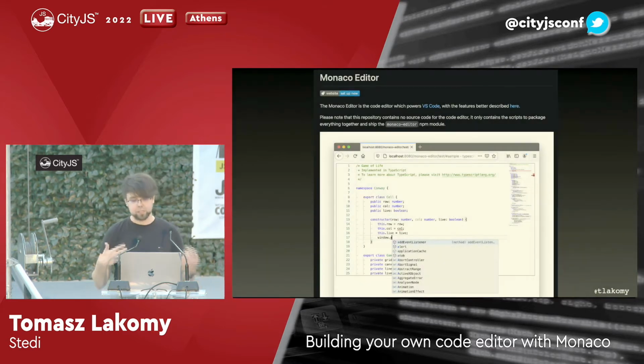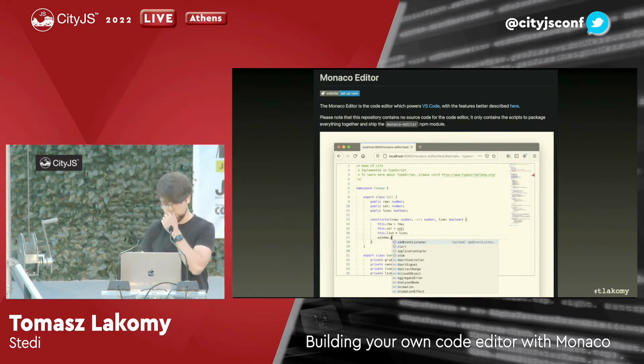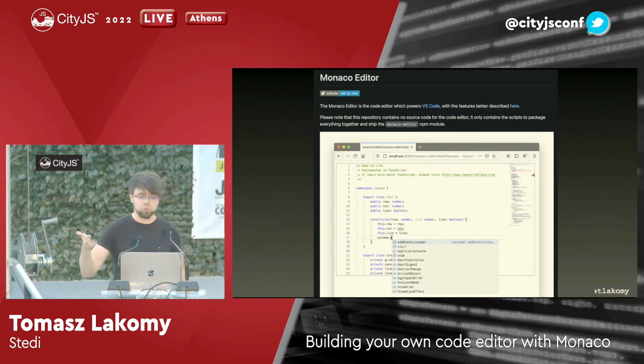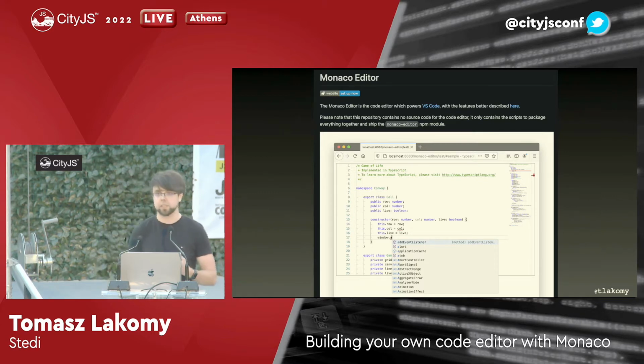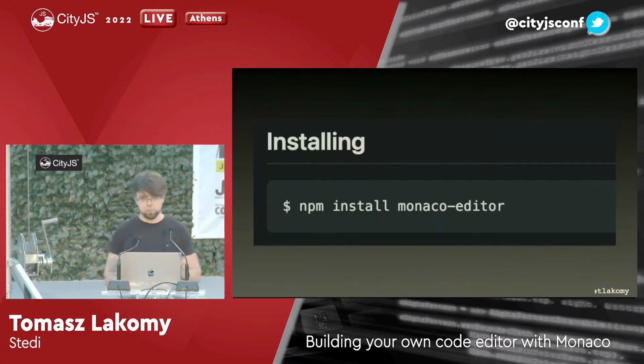And as I've mentioned in the title of this talk, we're going to use Monaco Editor. Monaco Editor is the editor which powers VSCode. So if you have ever used VSCode, you have used Monaco Editor. It's written in JavaScript, and it's a testament of how powerful web technologies have gotten today. Because it's written in JavaScript, you can technically go and npm install it, and it's going to kind of work.